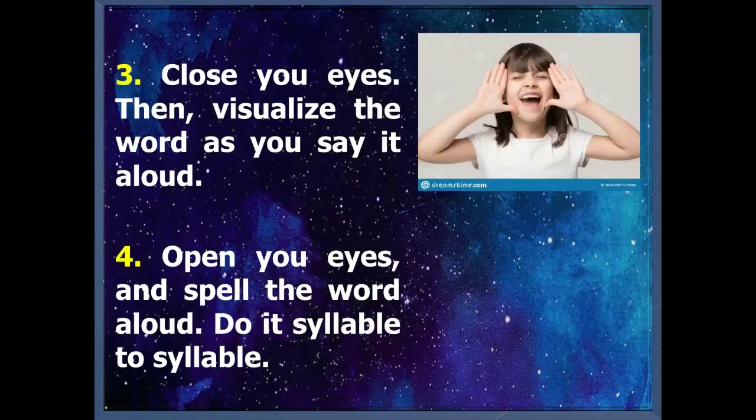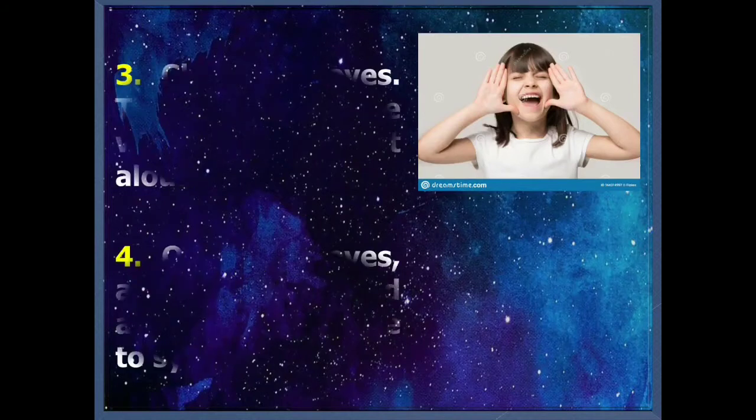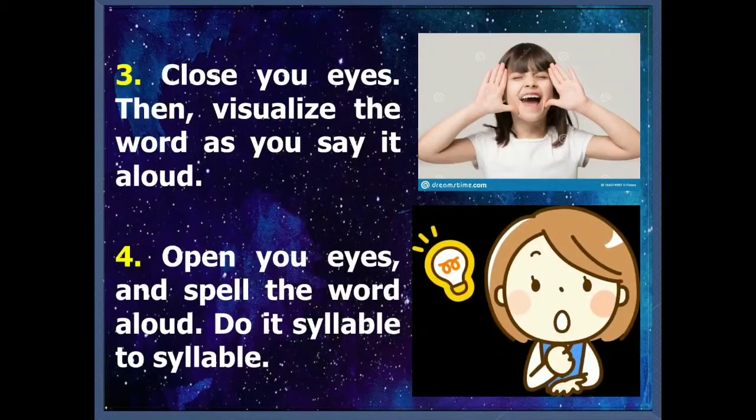The next step, number 4, is open your eyes and spell the word aloud. Do it syllable by syllable. So in number 3, you closed your eyes and already visualized the words while saying them aloud.